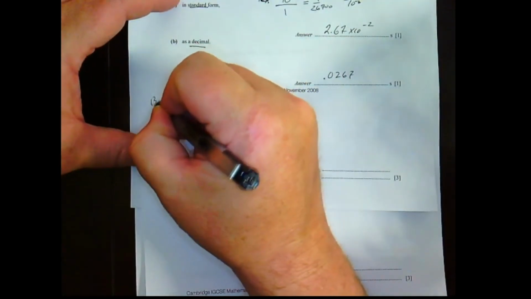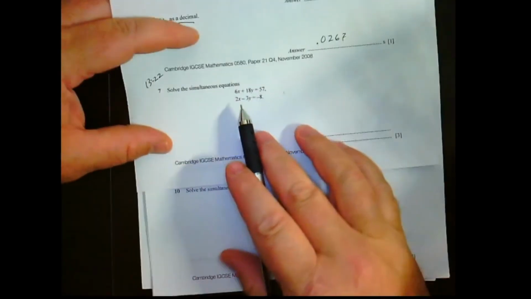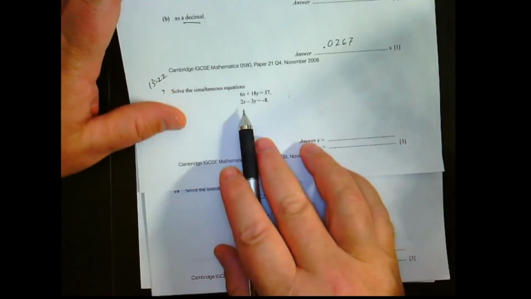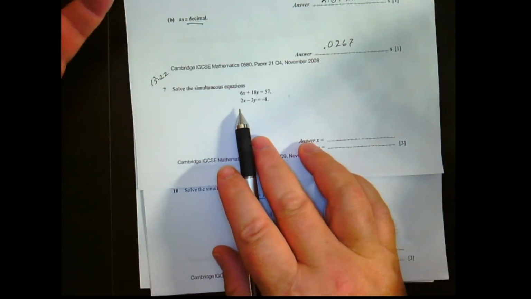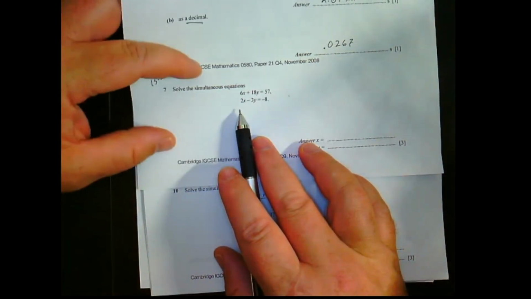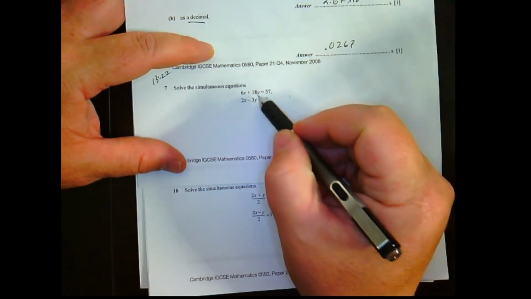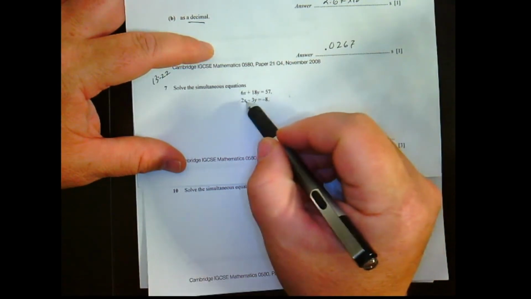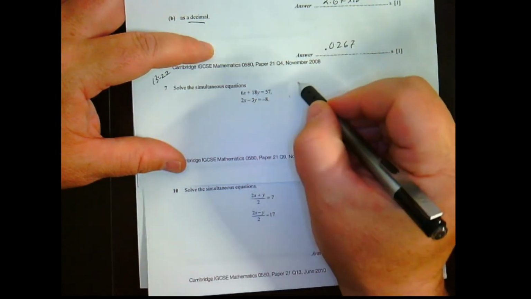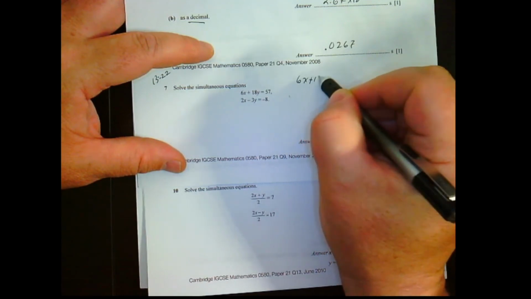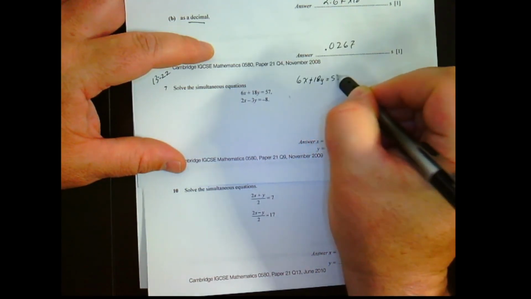All right, number 7. Now we're getting into some algebra stuff right here. Okay, so solve the simultaneous equations. All right, there's 3 ways we can do it: graphically, substitution, elimination. I think I'd do this one with elimination, because if I multiply the second one by 6, then I can just combine them. Got some arithmetic to do here.